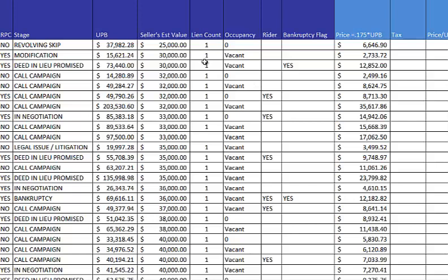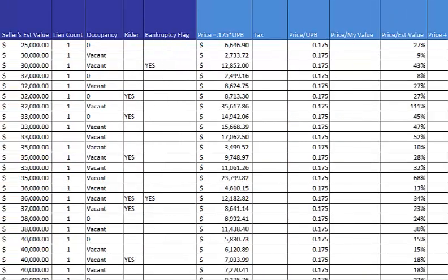Then here they're telling that these are first liens. They're disclosing the fact that they are vacant, if they are. These are things, of course, you have to verify, but at least you know what the seller thinks.